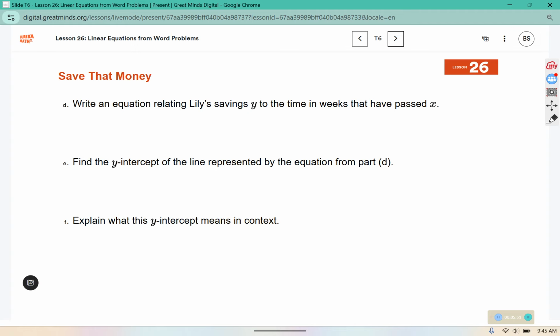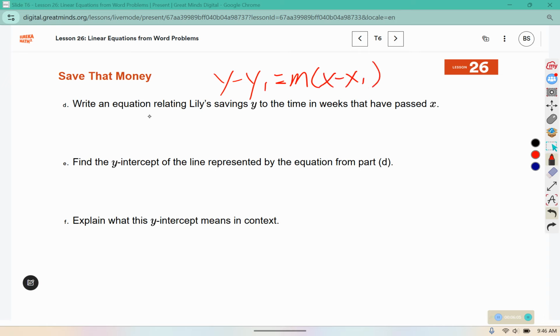Write an equation relating Lily's savings y to the time in weeks that have passed x. We can use point slope form. We have a y value of 540, a slope of 200, and an x value of 2.